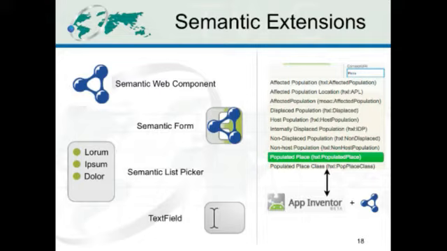And so your app developer can start typing, and then it will find relevant classes, and then they simply pick the one with the label that matches what they're looking for. And so all this is basically powered by AppInventor plus a semantic web service, again backed by Jena, which performs all the querying and actually populates itself at startup.